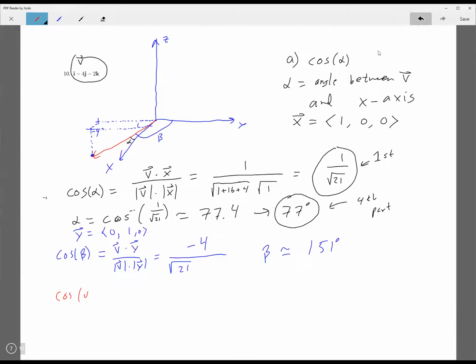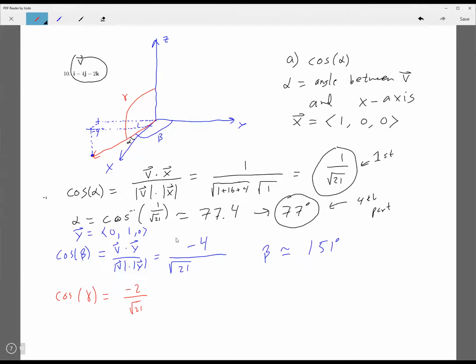And then for the last one, the cosine of gamma, that's for the z direction. So that's going to be the angle between this and the z-axis, the positive z-axis. And so if you do the same thing, you're just going to get a -2 up here. That's also going to be more than 90 degrees.